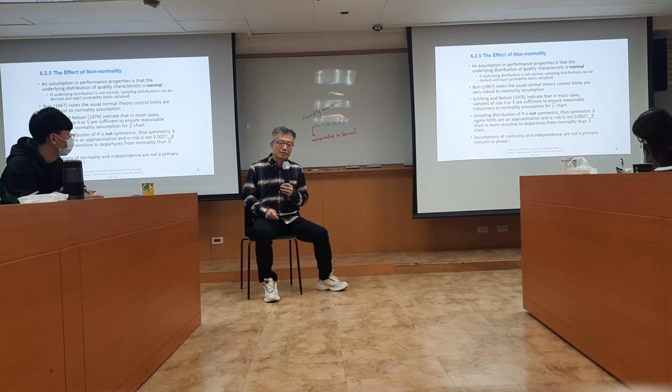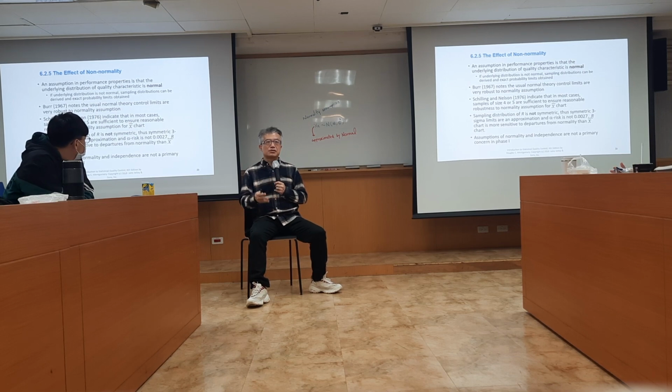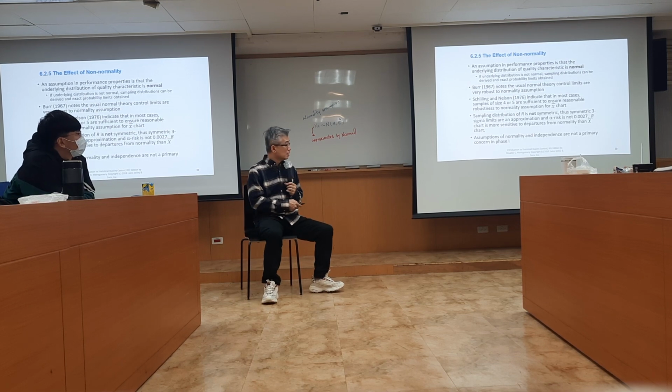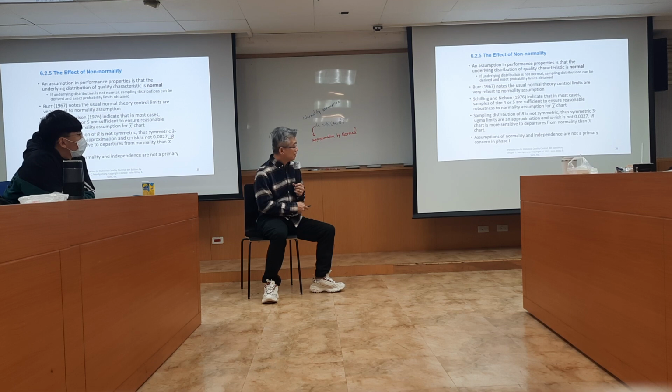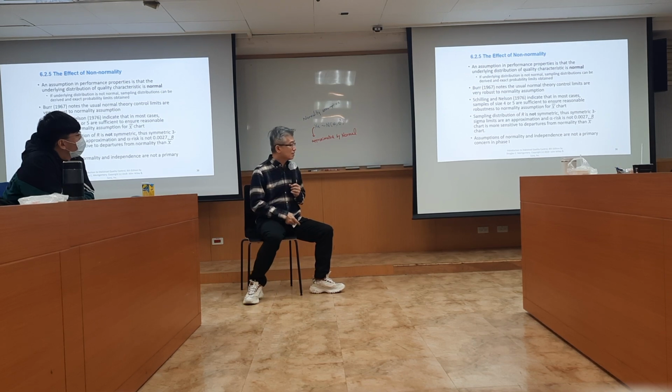It is pretty much like a geometric distribution. Thus the symmetric 3 sigma limits are not appropriate, and alpha is not exactly 0.0027. Where does this number come from?